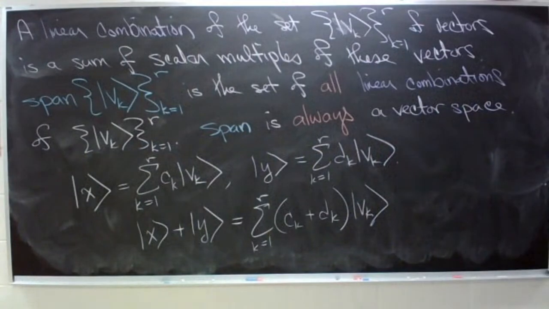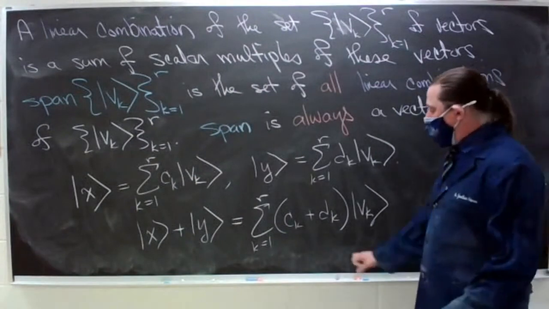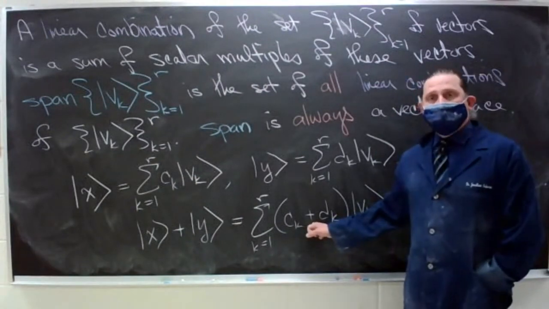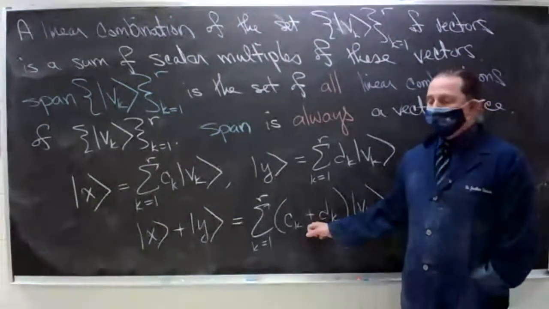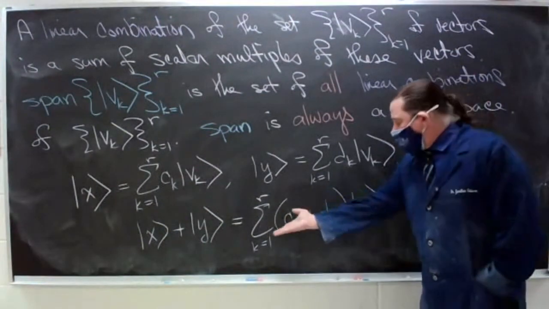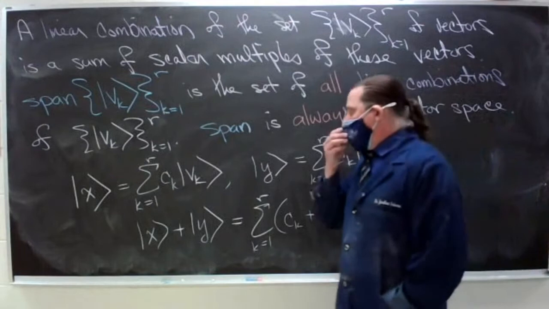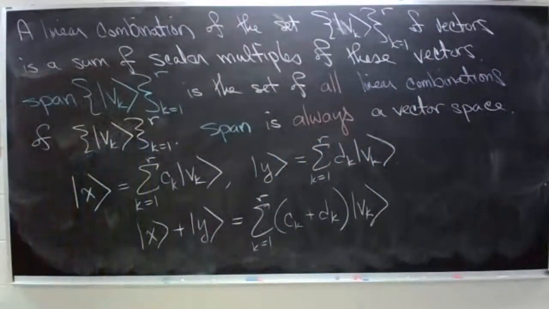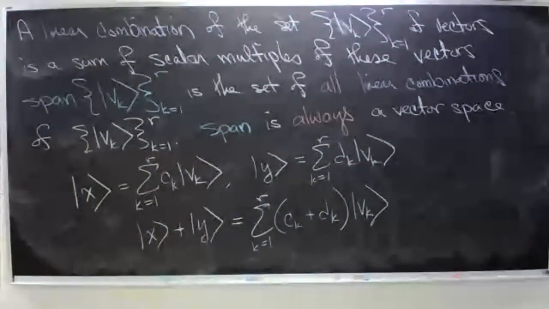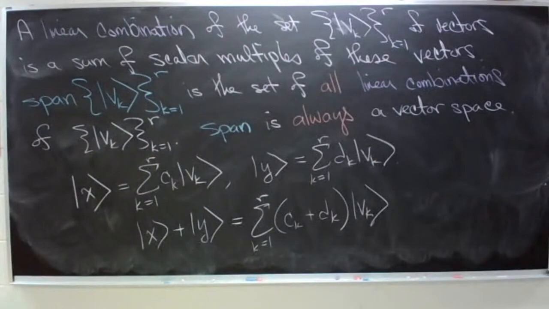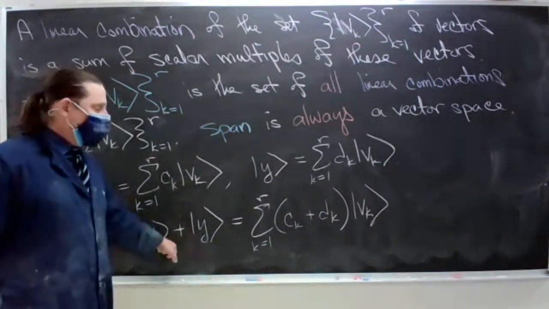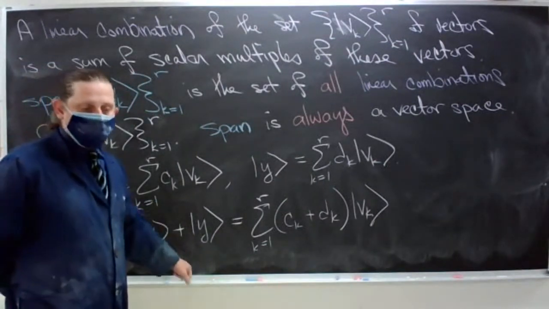Therefore, because the field is closed under addition, c_k plus d_k is also an element of my field for every single k. So that means that this is another linear combination of the vectors in my set. So the sum of any two vectors in this span is also in the span.